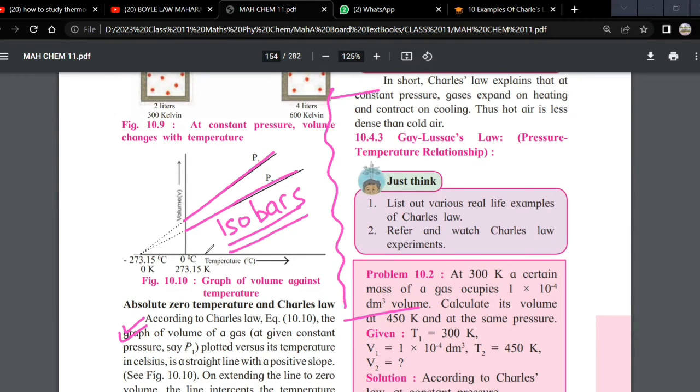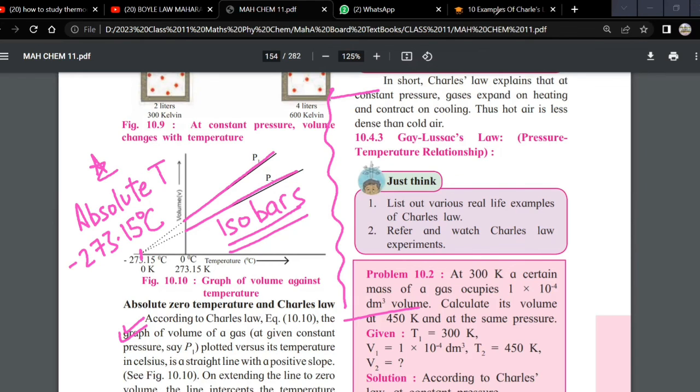So as the temperature is increasing, the volume is increasing, and this is called the absolute zero. Temperature less than absolute zero is not possible. This is called absolute temperature, absolute zero. Temperature less than minus 273.15 is not possible. So, Avantika, are we clear? Yeah.